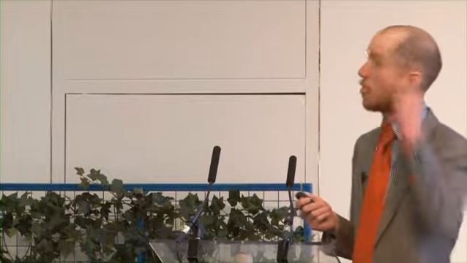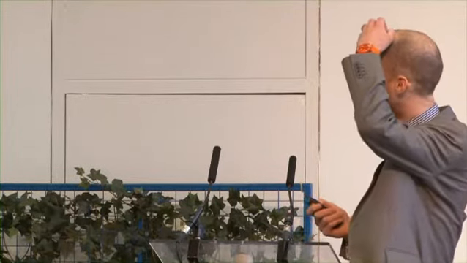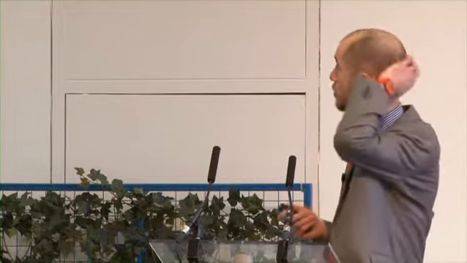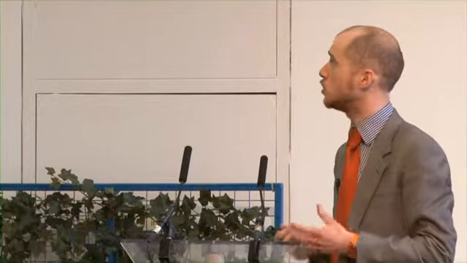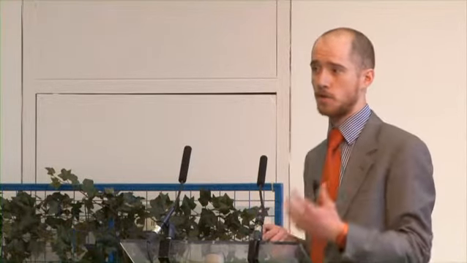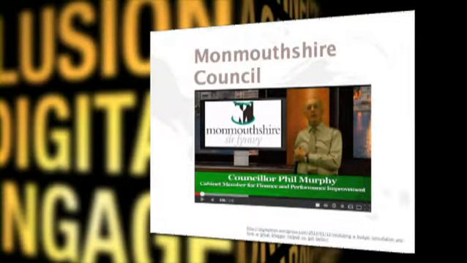Okie doke, Monmouthshire Council. For the local authorities in the room, Monmouthshire Council are a really good example of a local authority doing interesting stuff with digital media, often using free tools like YouTube, Twitter and Facebook, and using it as a way of engaging with audiences who wouldn't traditionally engage with quite boring topics.